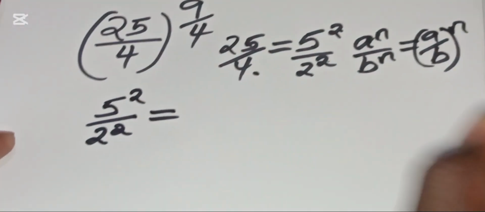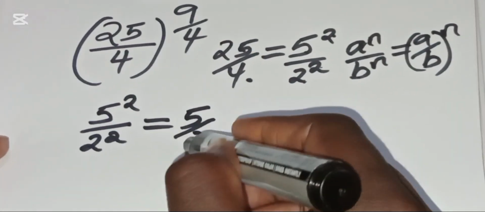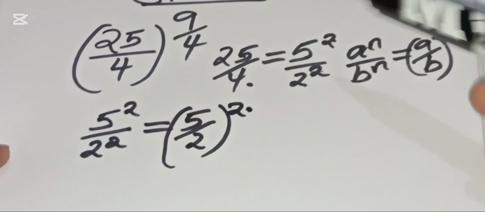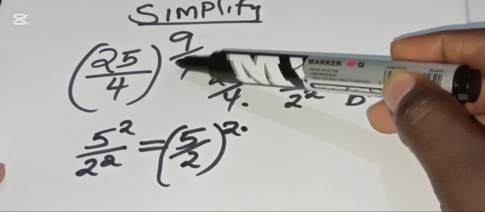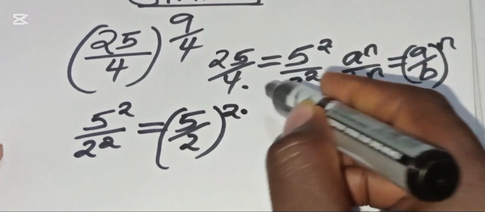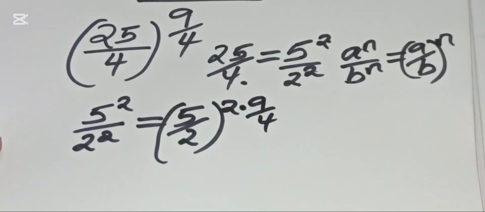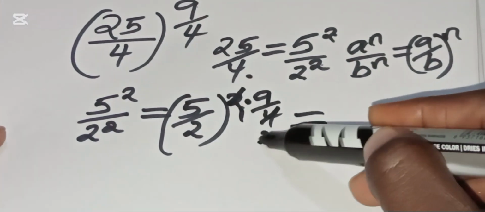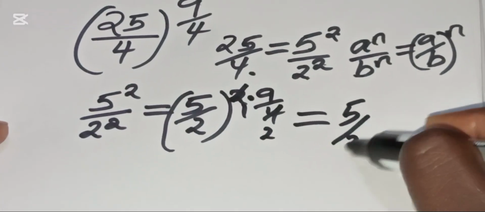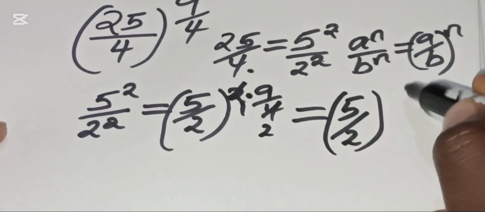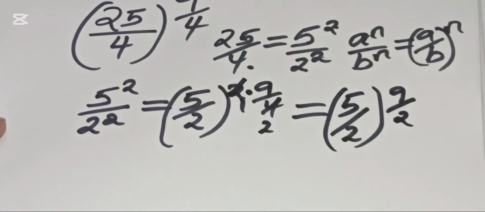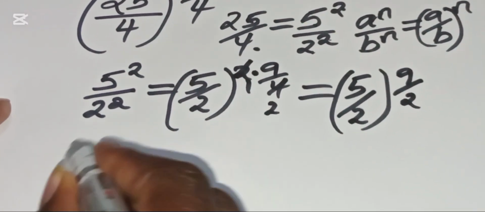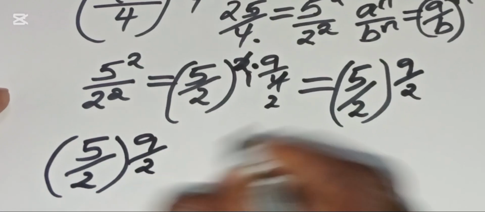We can express this as 5 over 2 raised to power 2, multiplying by, remember we have raised to power 9 over 4, so we just multiply by 9 over 4, okay? So let's simplify this. We're going to have 5 over 2 raised to power 9 over 2, okay?